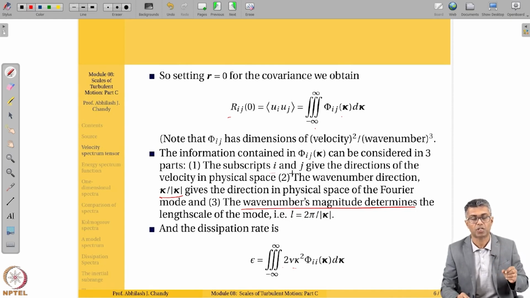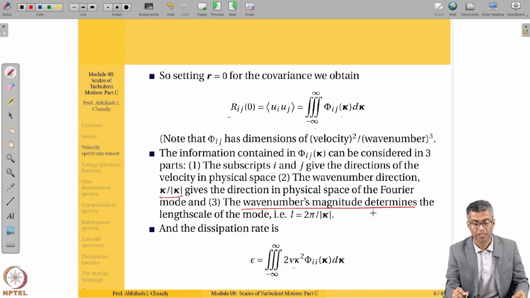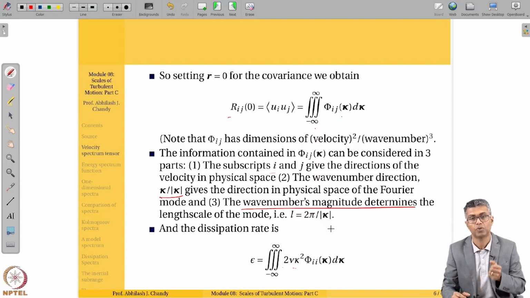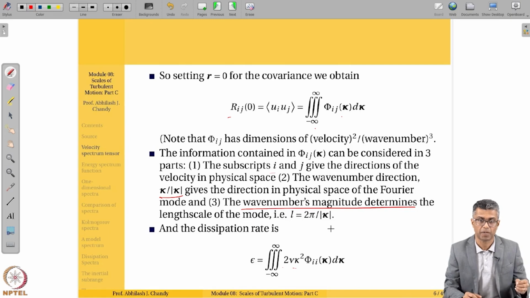The wave number direction, kappa over kappa magnitude, gives the direction in physical space of the Fourier mode. And the wave number's magnitude determines the length scale. So 2 pi over kappa magnitude basically gives information about the length scale. That is the amount of information contained in the velocity spectrum tensor.